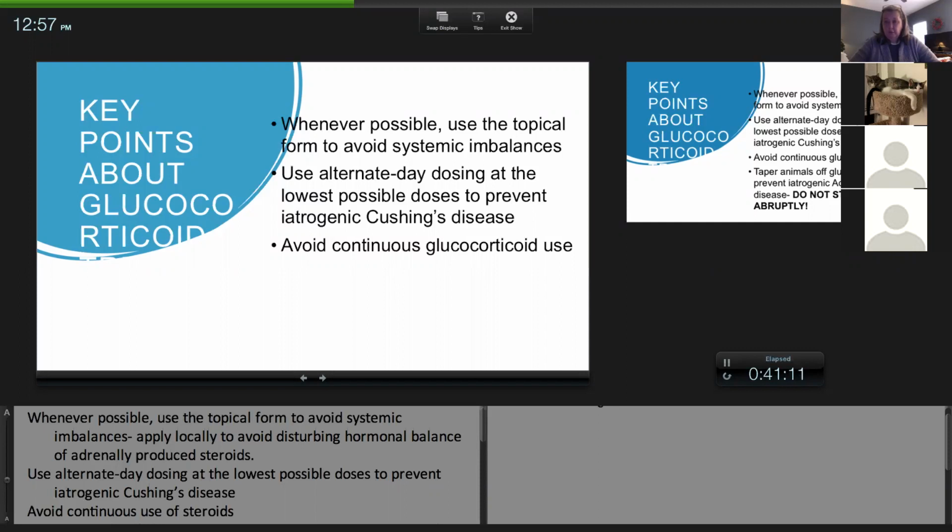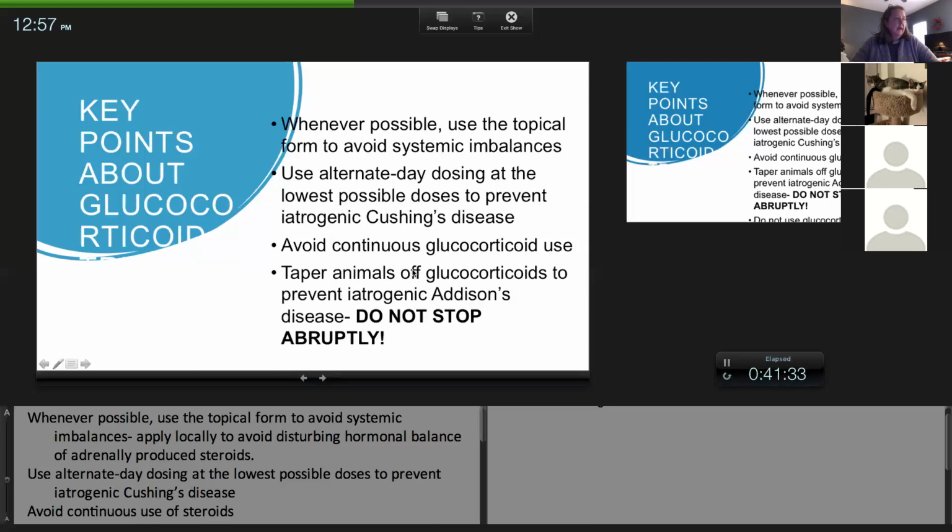It's treating the symptoms. So the best course of action is to get to the bottom of it: is it a food allergy? Is it an environmental allergy? Is it a flea allergy? There's a reason behind the allergy. If you give the Pred, you're just masking the symptoms. And again, the longer they're on the Pred, you're going to get these other side effects.